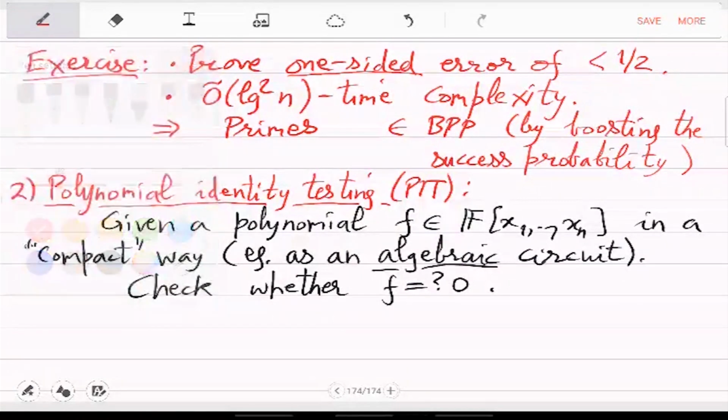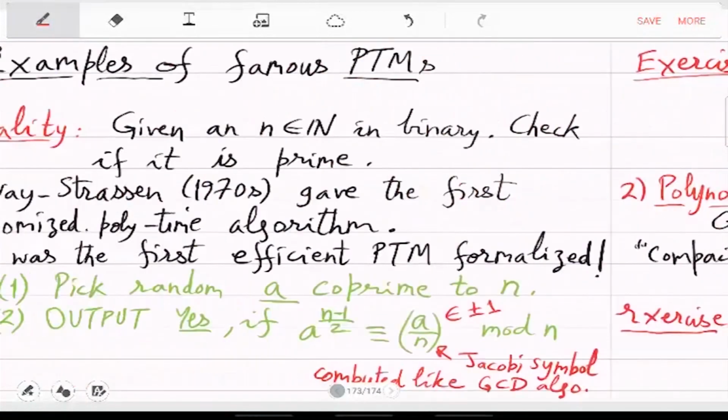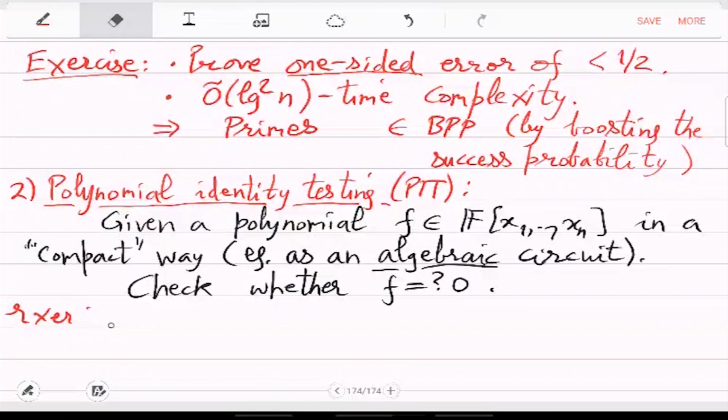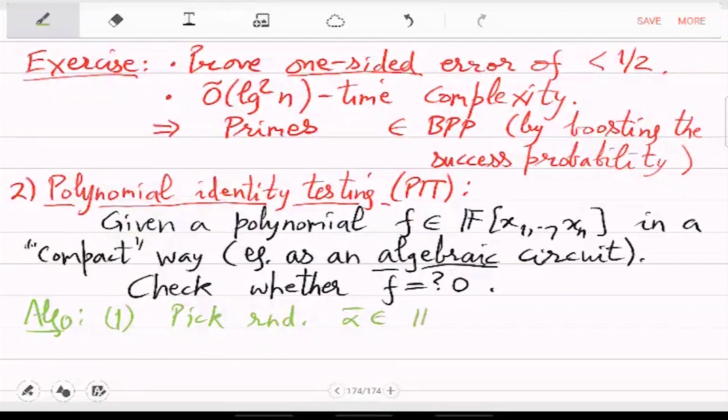Now you can show as an exercise, or in the previous style, let me give the algorithm. The algorithm is just: pick a random point alpha from F to the n and output yes if f(alpha) vanishes.